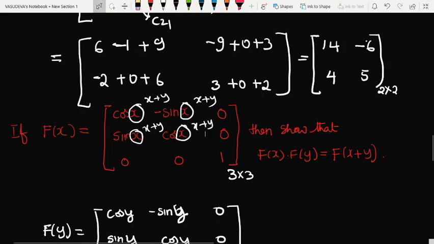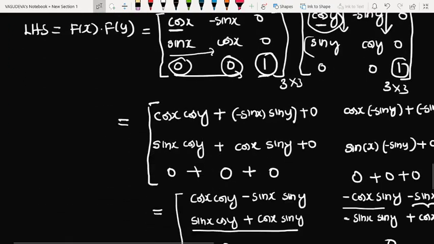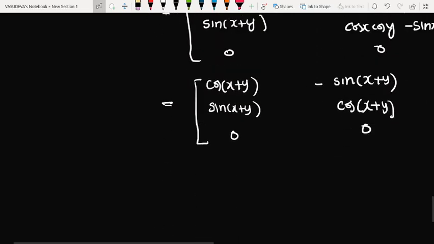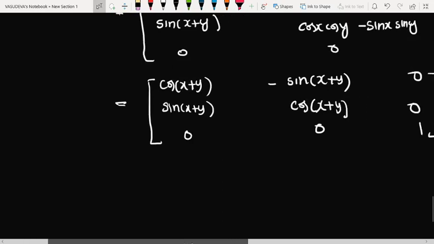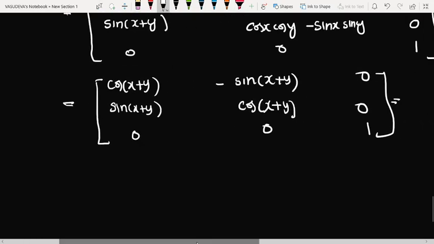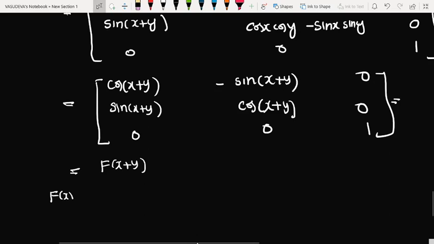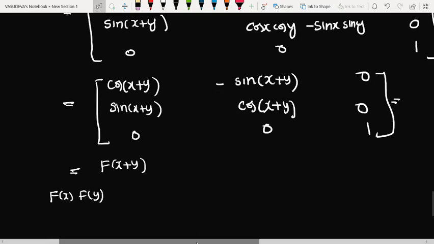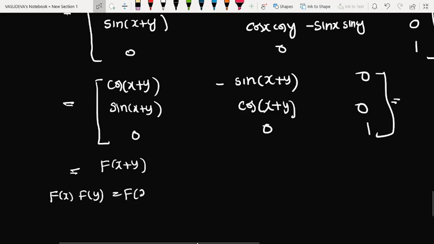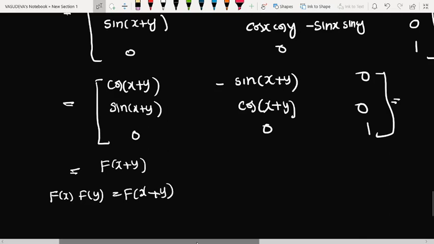Therefore we finally arrive at the result. We can write this as f of x plus y. So we have f of x into f of y equals f of x plus y.